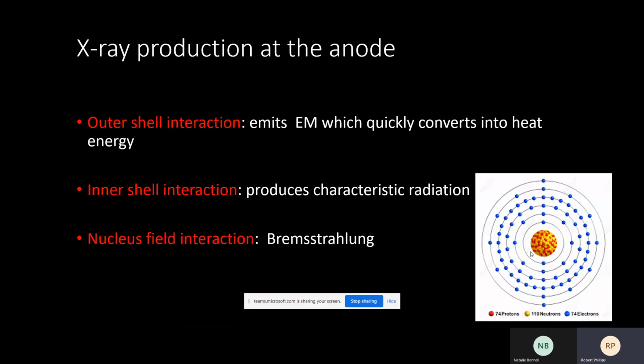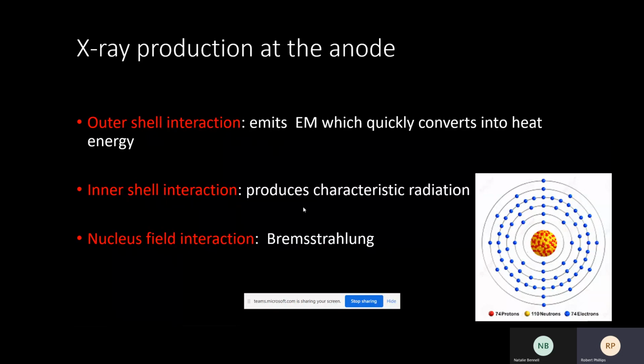So outer shell interaction emits electromagnetic wave, which quickly converts into heat. So the majority, 99% of electrons just interact with the outer shell, emit electromagnetic wave, which converts into heat. Inner shell interaction produces so-called characteristic radiation or characteristic X-ray.